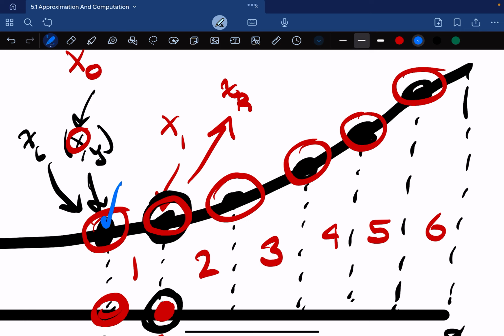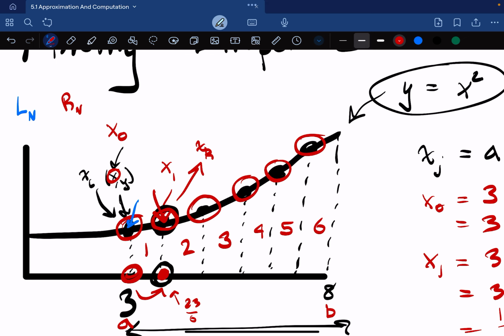So the very first left endpoint is right there. And the very first right endpoint is right there. Now, the very last left endpoint is here. But the very last right endpoint is right there.